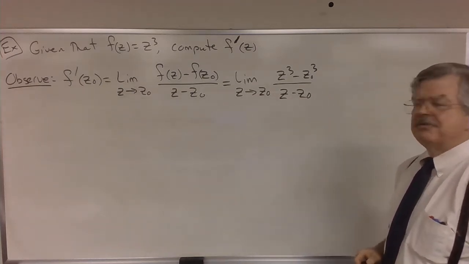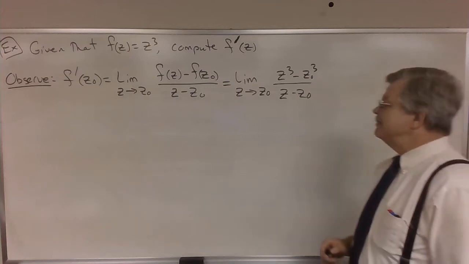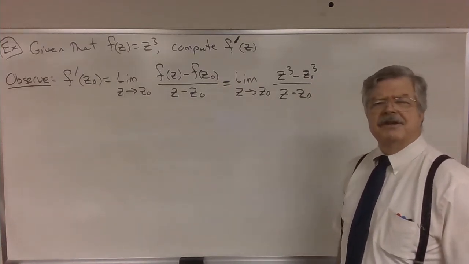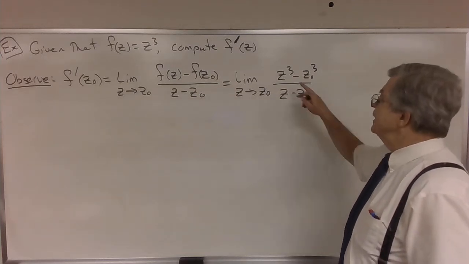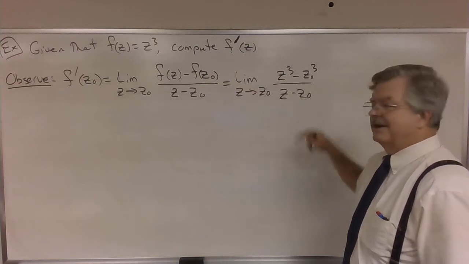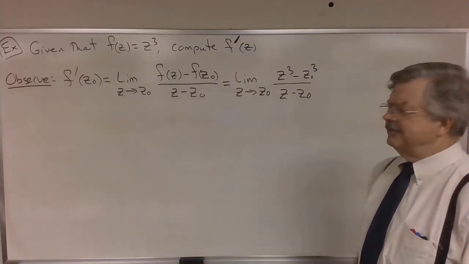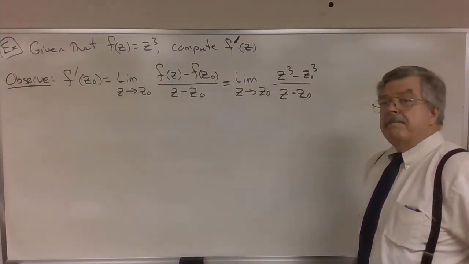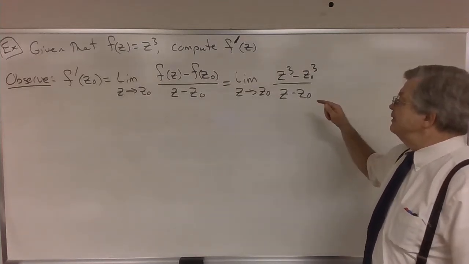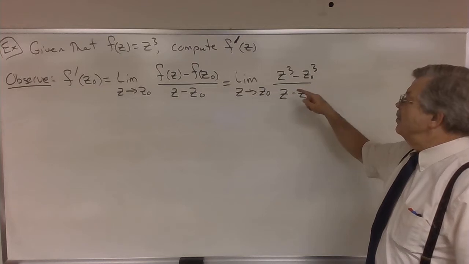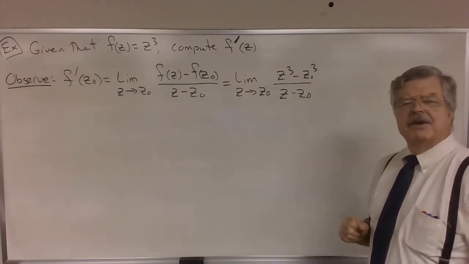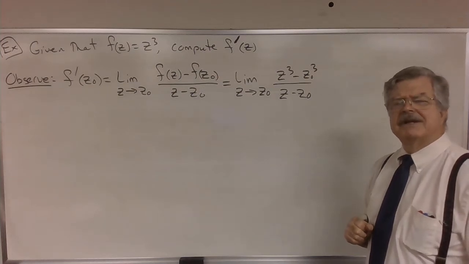And as usual, if we try to compute this by just plugging in z naught for z, we're going to get z naught cubed minus z naught cubed over z naught minus z naught. We're going to get 0 over 0. But the good news is, since we get 0 in numerator and denominator, we know there's a common factor that we can cancel out.